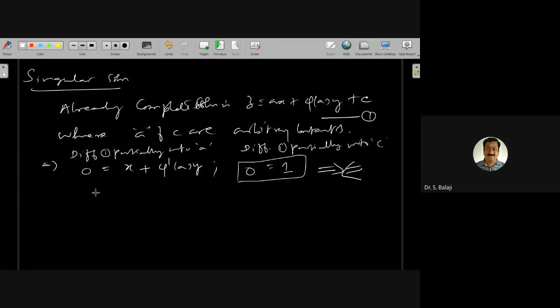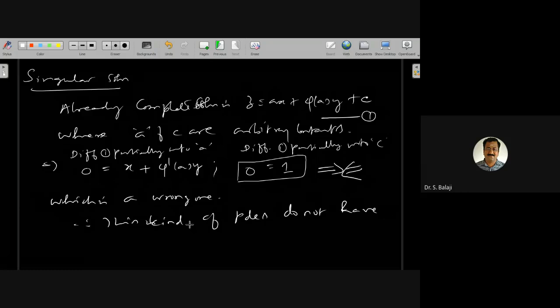Therefore, when you differentiate partially with respect to a and partially with respect to c, we are getting a wrong conclusion here. Therefore, this kind of PDE does not have a singular solution.